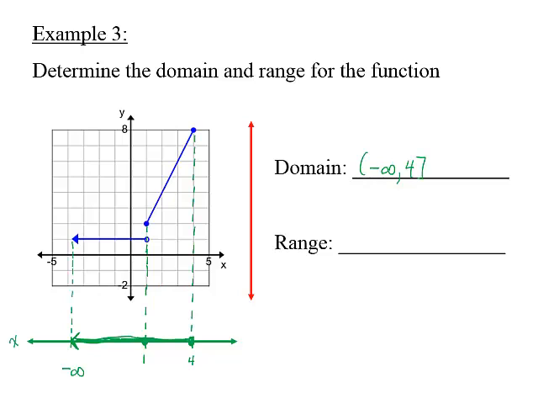For the range, I look from bottom up. The bottommost part of my graph is this piece of the horizontal line. Projecting it over, I see that has a y value of 1, and it is included in part of the graph, so I'm going to put a closed circle. And then there's a gap, right? As I move from bottom up, there's a gap, and I have another piece that has a bottom point at 2.